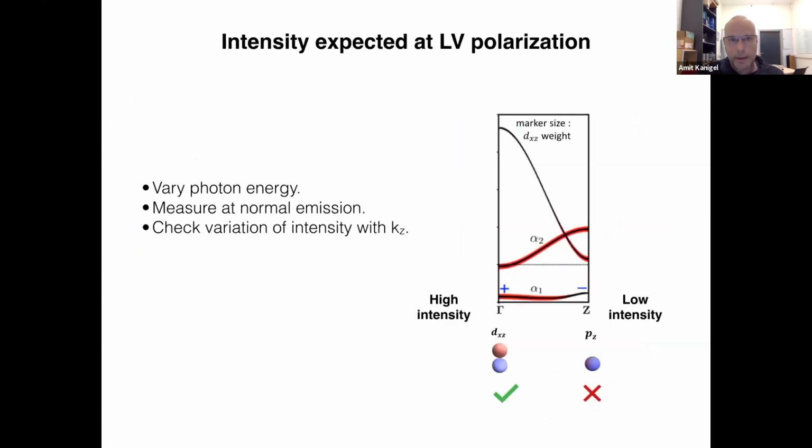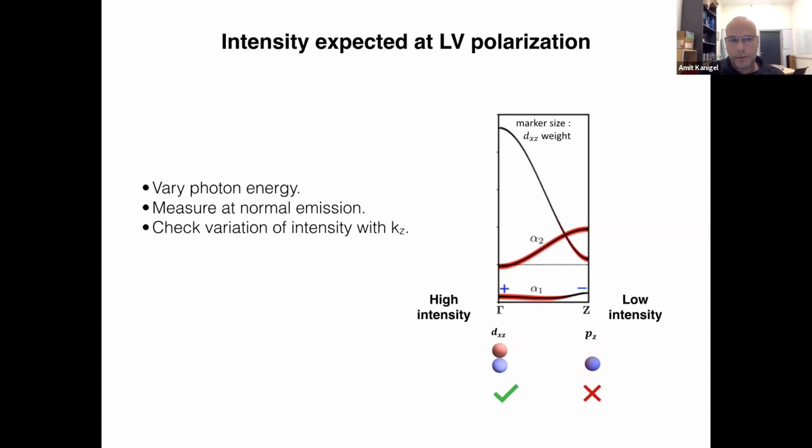So now we have, in a sense, a prediction that we can go and test. We can again vary the photon energy as we did before, but we are not just going to look at the position of the peak, but at the intensities.